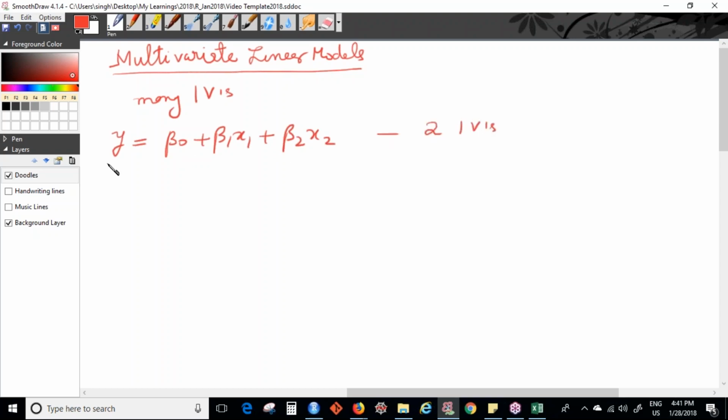Okay. So what is this equation? What does this equation represent? Can somebody tell me? High school mathematics, guys. This is high school mathematics.